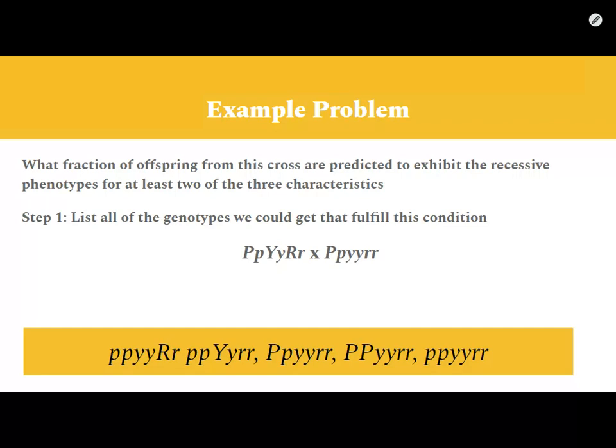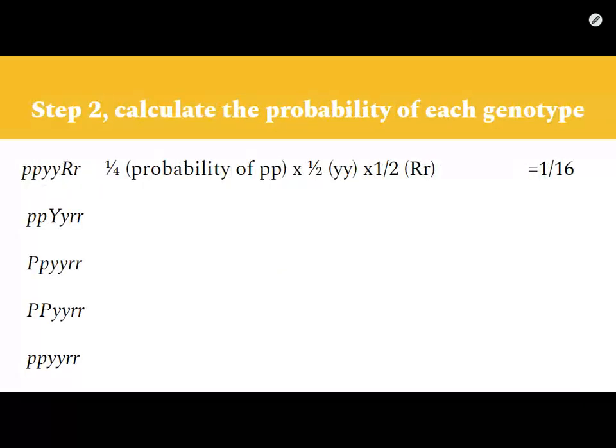Yep, okay. We were correct. Step 2 is to calculate the probability of each of these genotypes. So I did the first one for you, right? So the probability of getting little p is 1/4, same as over there, but with p's instead of y's and r's. The probability of getting little y is 1/2 because of the different crosses.